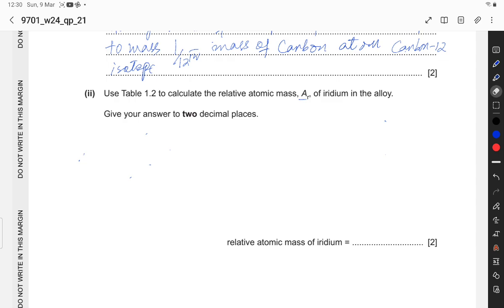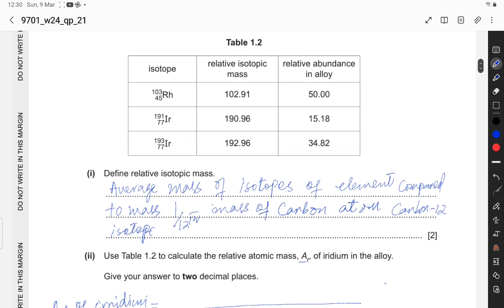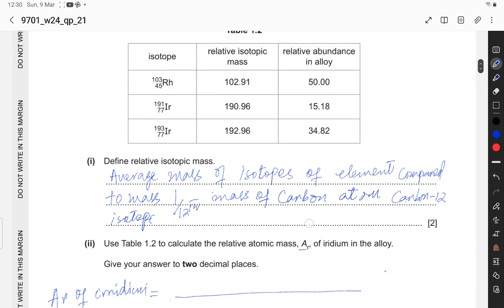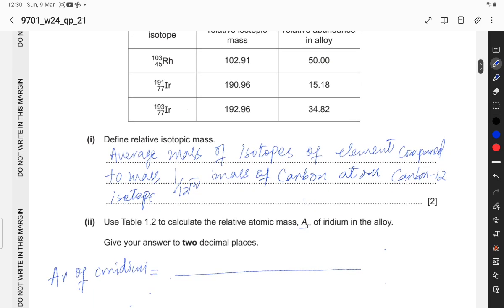Give your answer to two decimal places. So the average Ar of iridium is equal to relative isotopic mass into relative abundance, divided by total abundance.